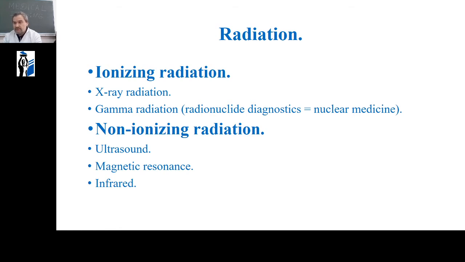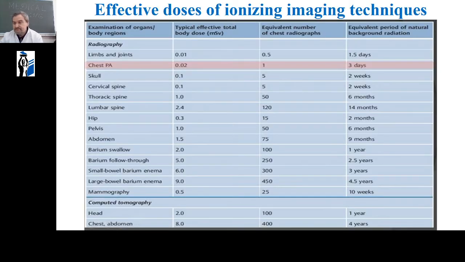To calculate the risk, there is the following technique, which is shown in the figure. This technique allows you to recalculate the effective dose of the ionizing imaging method by the numbers of days, months, and years of the natural radiation background.